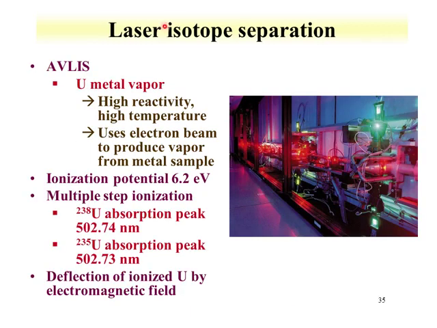AVLIS uses a uranium metal vapor, so it's produced by an electron beam, and you take this uranium metal vapor and it goes into a gas phase, and you have multiple ionization steps. Uranium-238 has an absorption peak at 502.74 nanometers, and the 235 at 502.73.